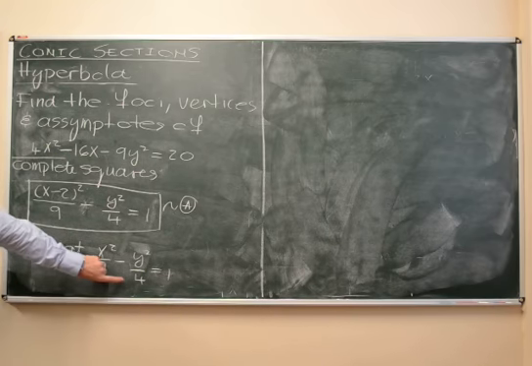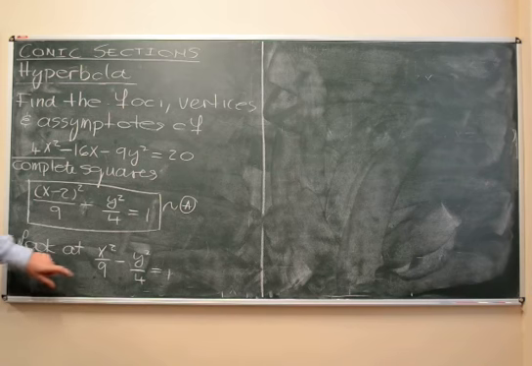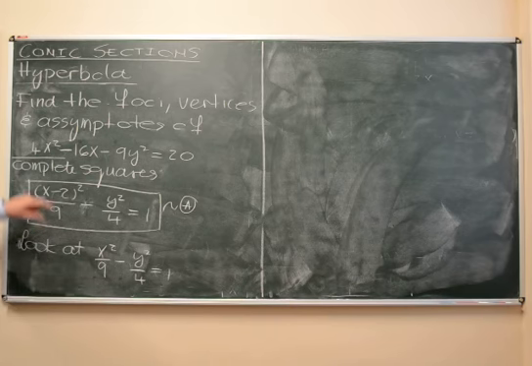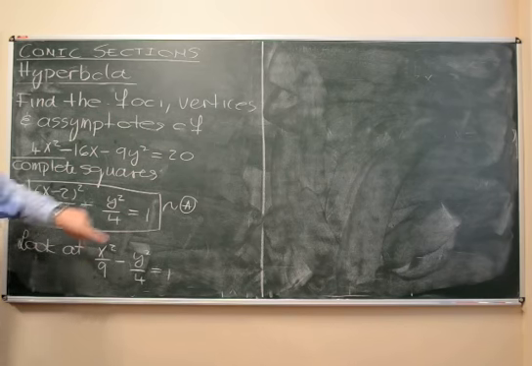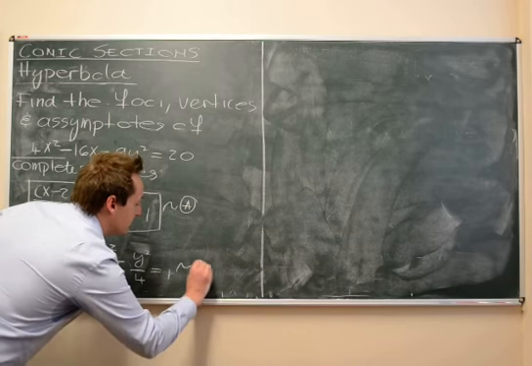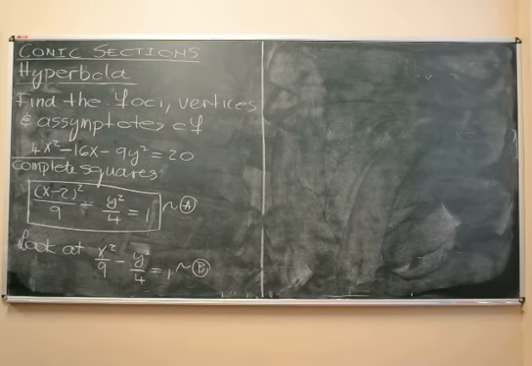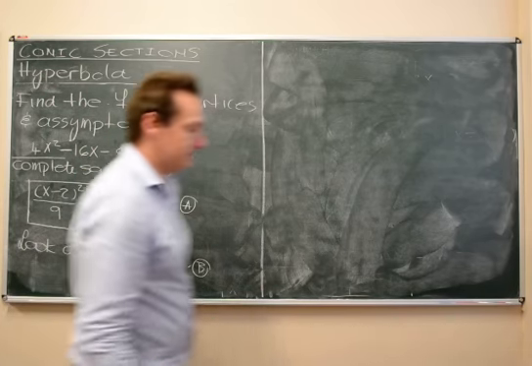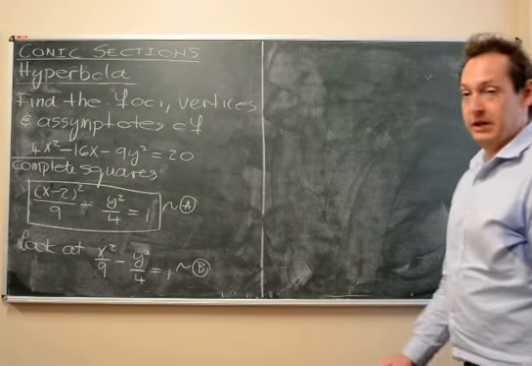We look at this hyperbola because our original hyperbola is just this exact one shifted 2 units in the positive x direction. This x minus 2 just shifts this whole thing 2 units in the positive x direction. So let's call this one, for convenience, B. And now we find the features for B.